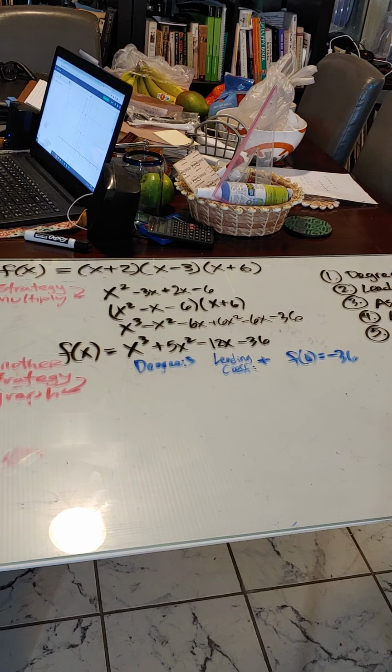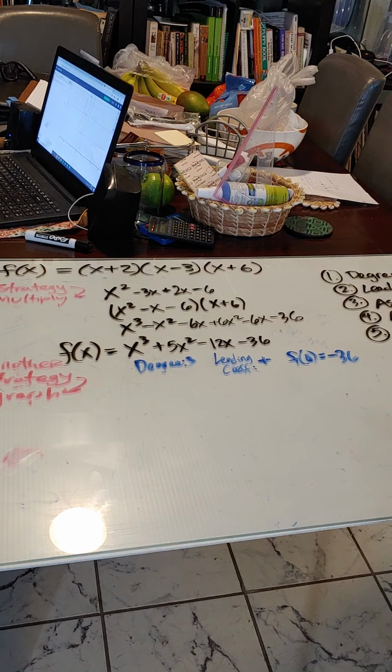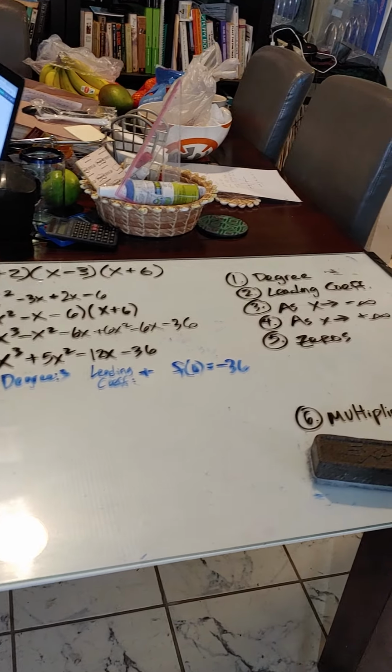So the zeros. So how do we find them? It's very crucial that we understand how to identify the zeros, because that's imperative to graphing.